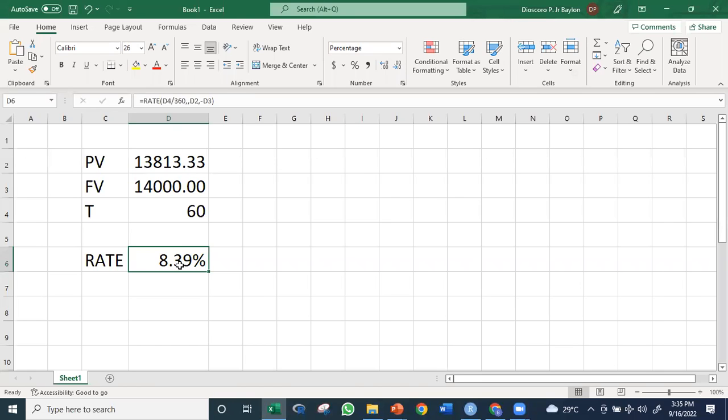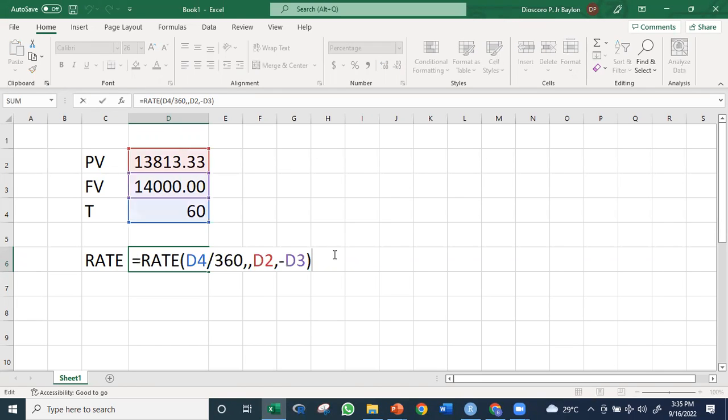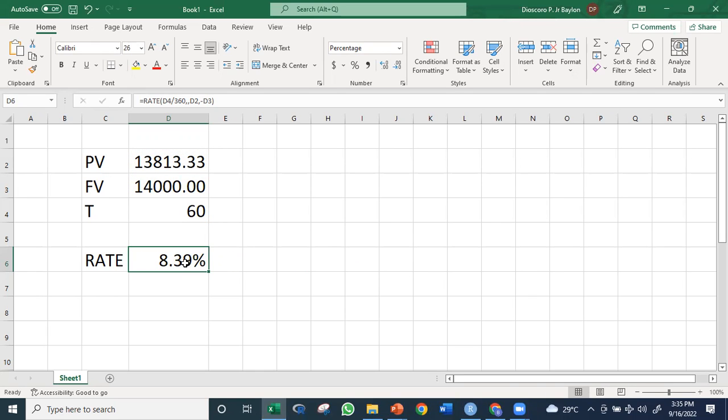Tama naman. Tapos, ang ano natin, 60 divided by 360. So, sinet nyo ba sa calculator, guys? 8.11 talaga yung lumalabas. Kasi dito sa Excel, 8.39%. Okay. Any difference could be attributable to a rounding off error.